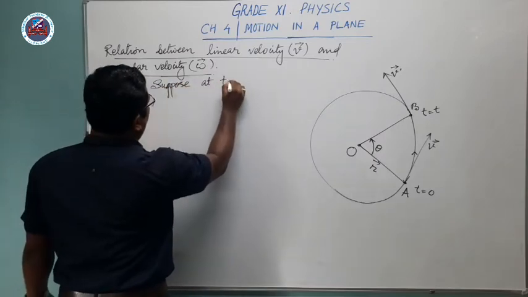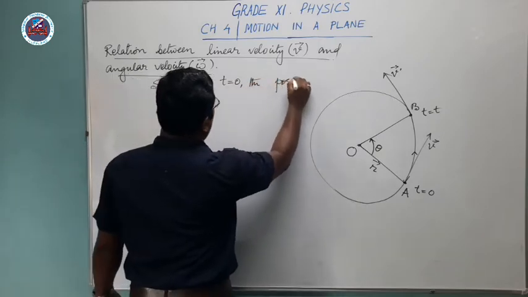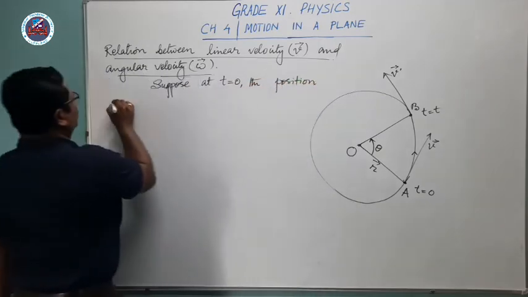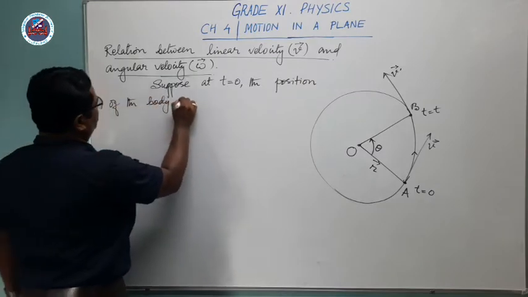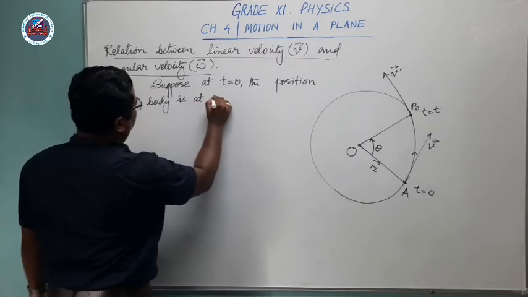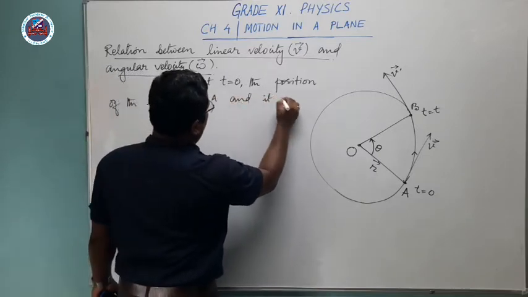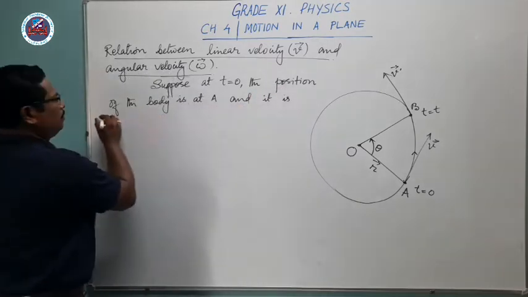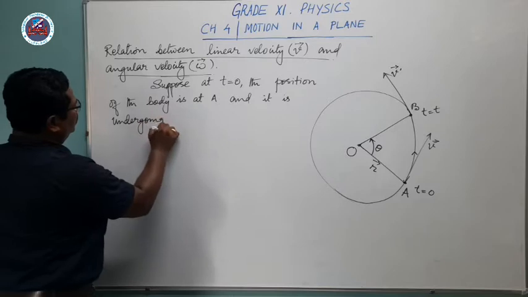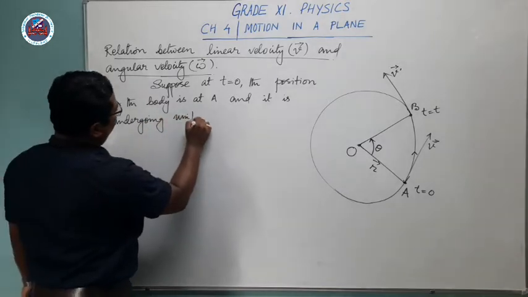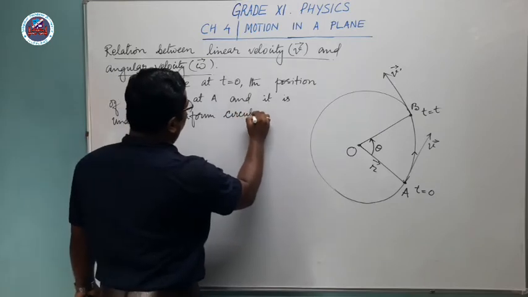Suppose at t equal to 0, the position of the body is at A and it is undergoing uniform circular motion.